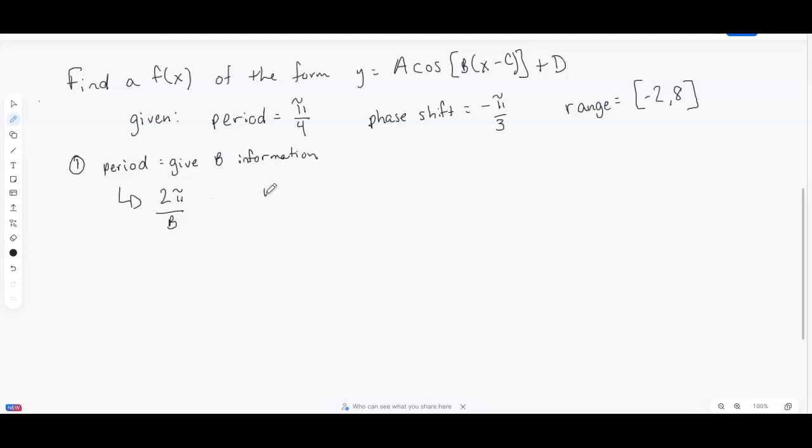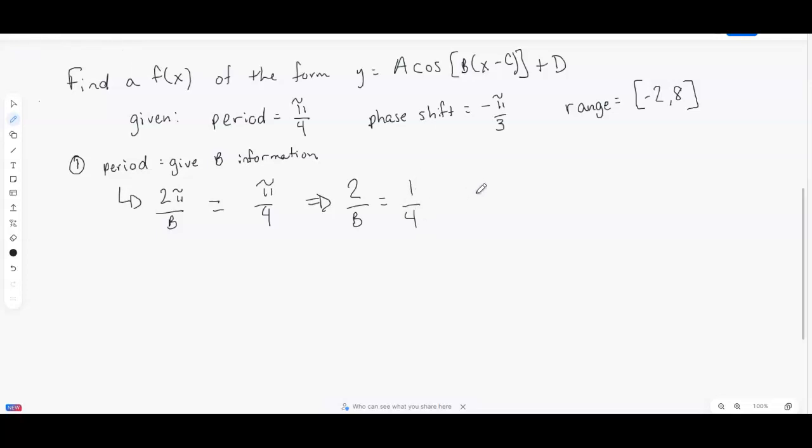Our given period is pi over 4. Okay, so you set those equal to each other and solve for B, right? So 2 pi over B equals pi over 4. My pi's will cancel out, right? So that I'm left with just 2 over B equals 1 over 4.